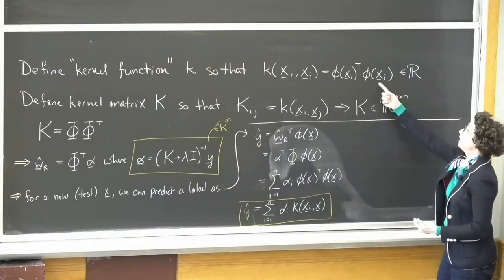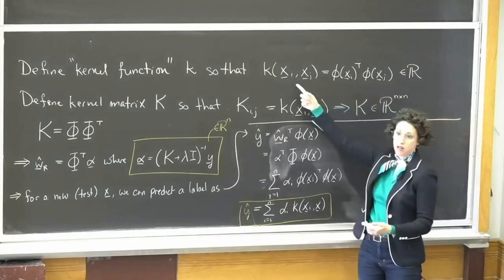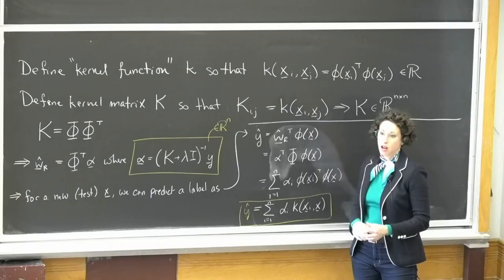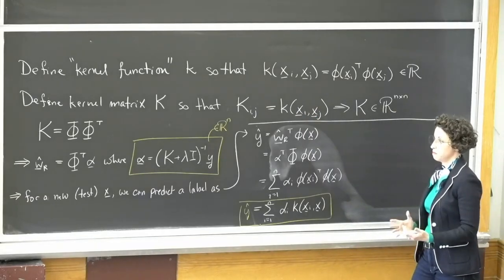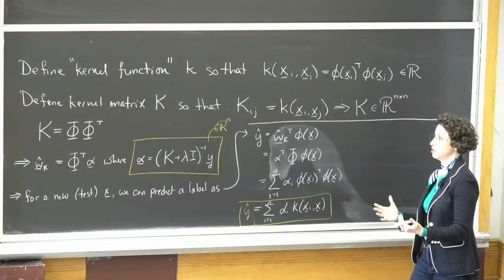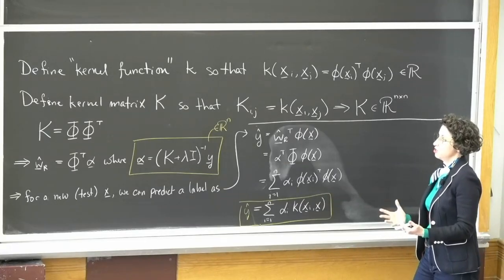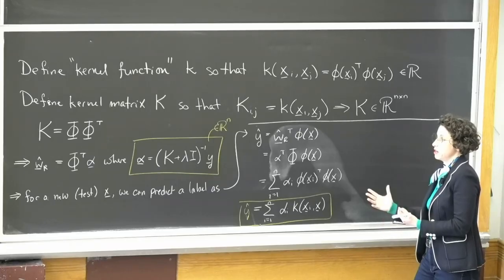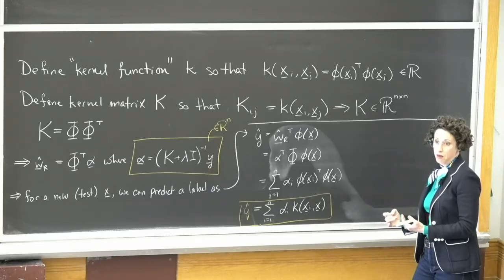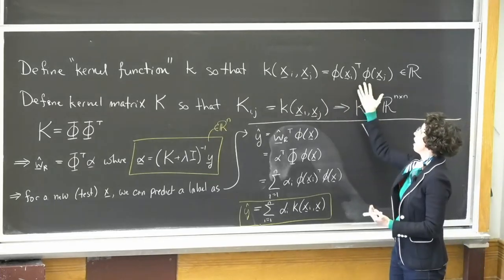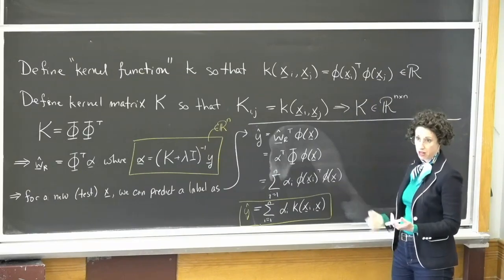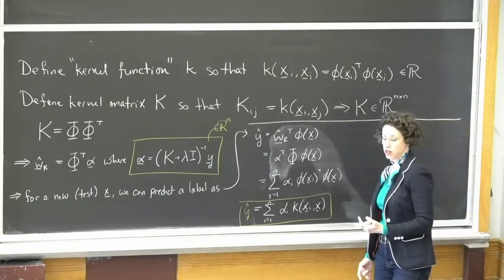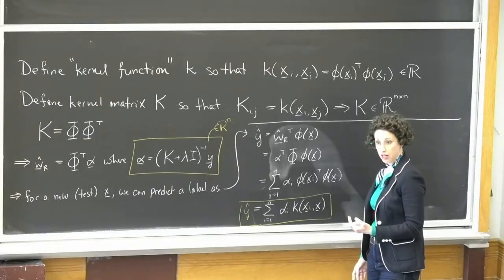So it's not that for any phi function there's going to be a kernel function. And there's really some beautiful theory associated with this: what's the space of possible functions that we're thinking about here, what makes a valid kernel, where the kernel function will have, for some phi, this sort of inner product perspective underlying it. And it's beyond the scope of what we'll cover in this class.